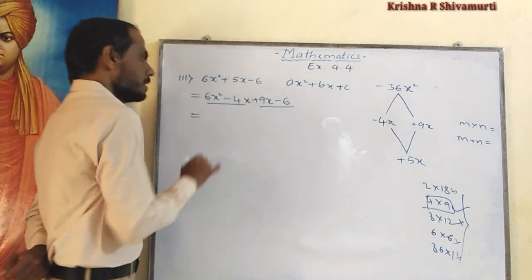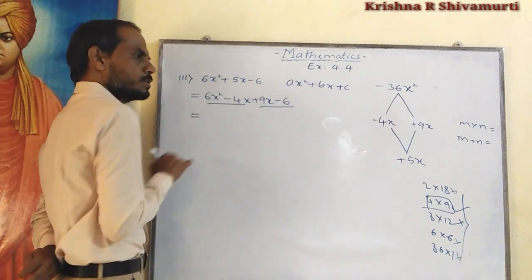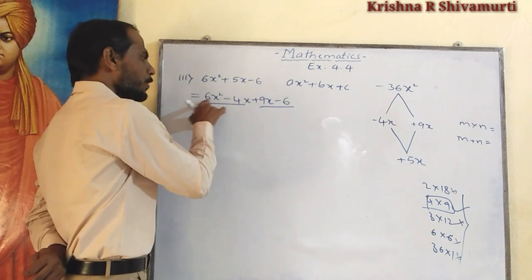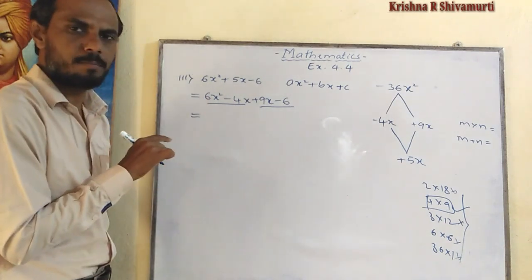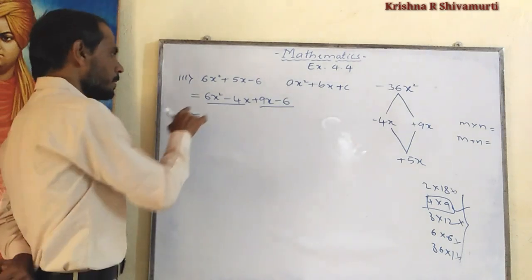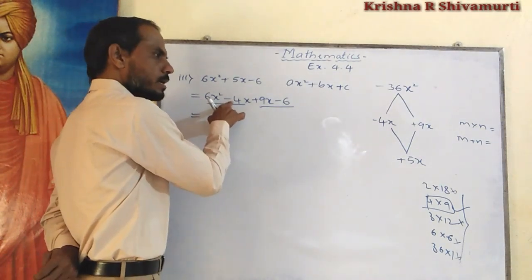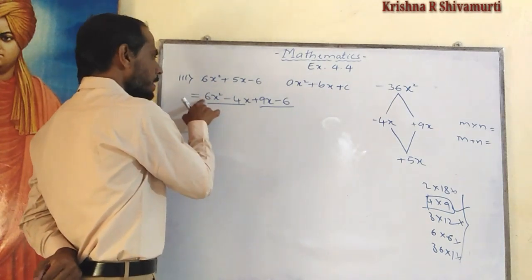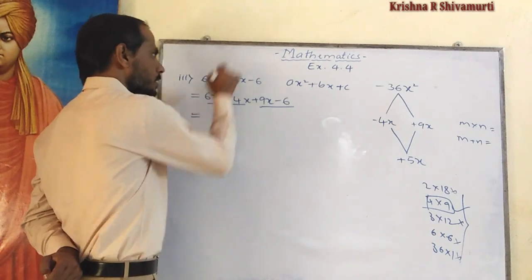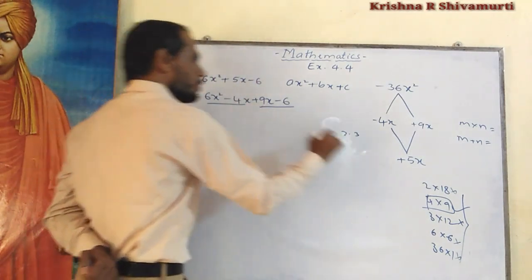Okay, students. In the first group, the first two terms, what is the common factor in the numerical part? 6 is 2 3s, 4 is 2 2s.